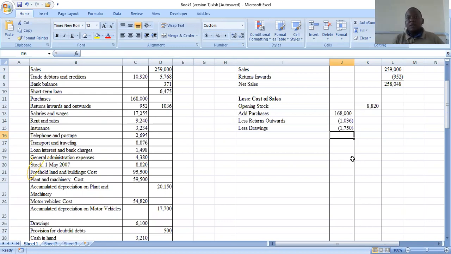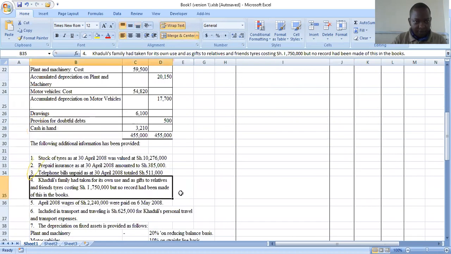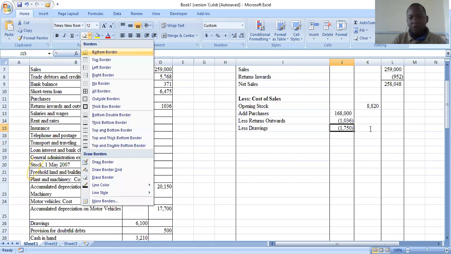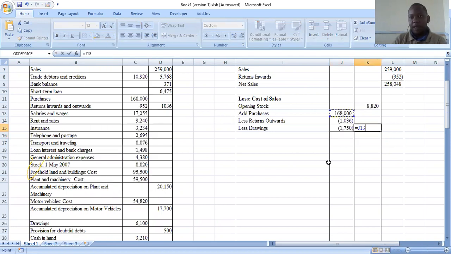So it has the same effect as reducing drawings from purchases, and the amount is 1750. Our purchases figure will be 168 minus 1036 minus 1750.